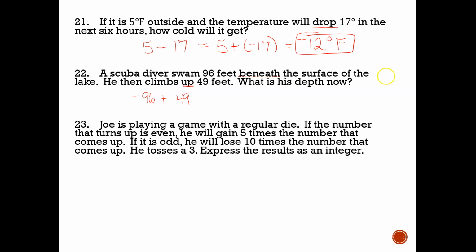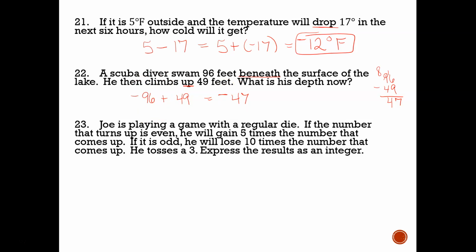If you need to work it out like this, certainly you can do that. We would borrow from the 9. This would become a 16, and 16 minus 9 is 7. 8 minus 4. So when you subtract, you get 47. Take the sign of the bigger, which is negative.